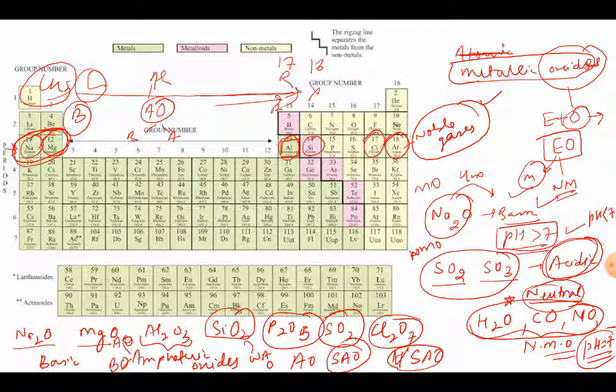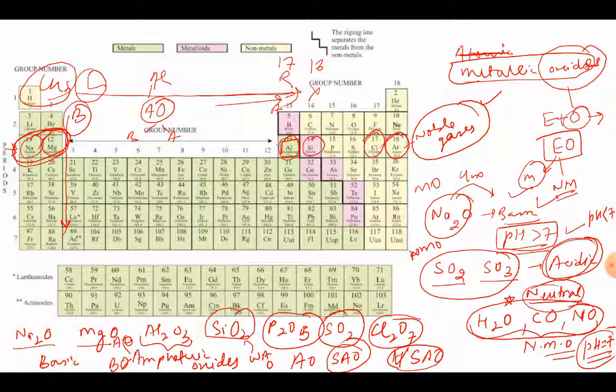Now we have discussed the period, let us talk about a group. So let us talk here about group number 2, right? We can see that there are so many elements like beryllium, magnesium, calcium, strontium, barium and radium.